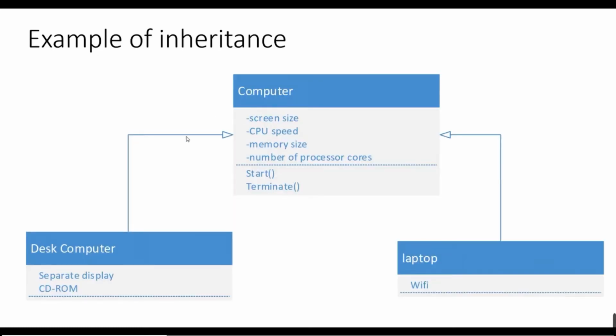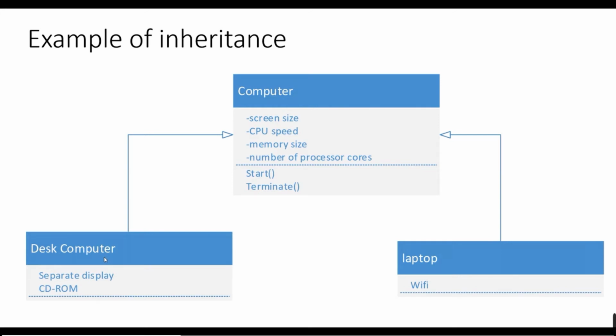For example, for a computer, it has desk computer and laptop, and the computer is a superclass, and it has some important attributes. For example, screen size, CPU speed, memory size, number of processor cores, and it also has the operations start and terminate.